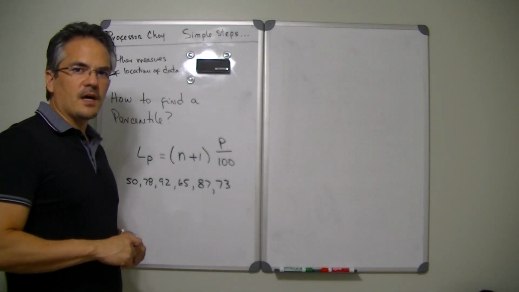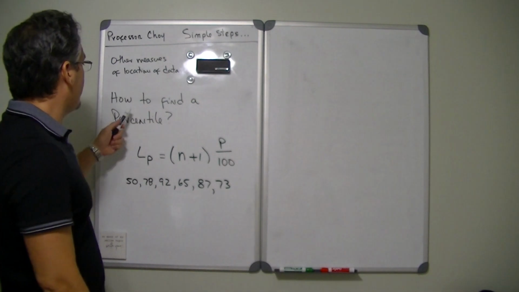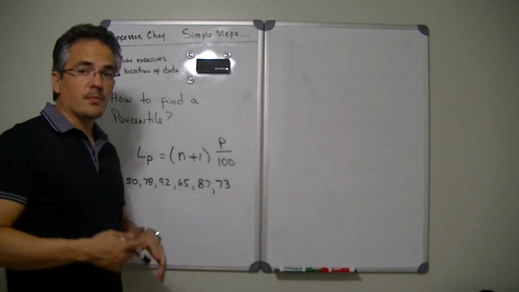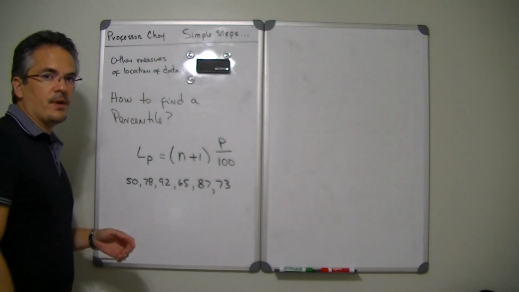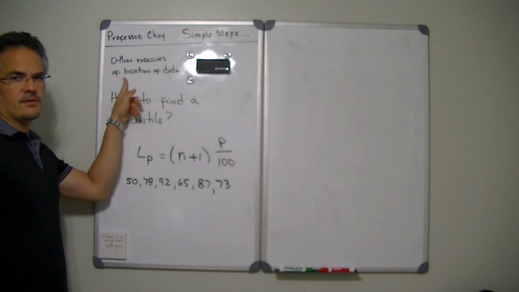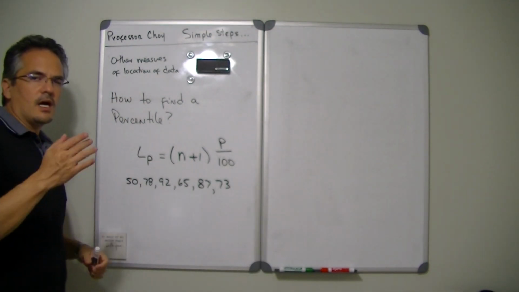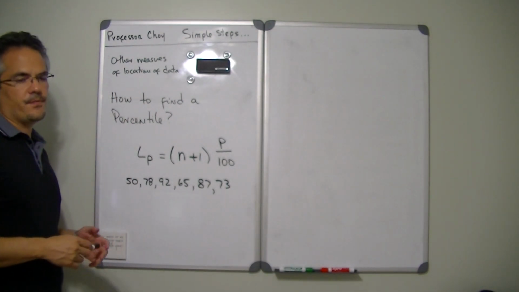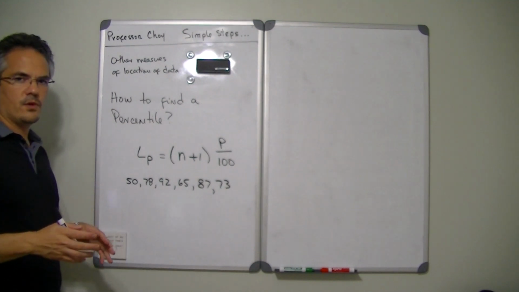Today we're going to be talking about how to find a percentile. A percentile is another type of measure of location of the data. Now, a percentile is useful in particular situations.